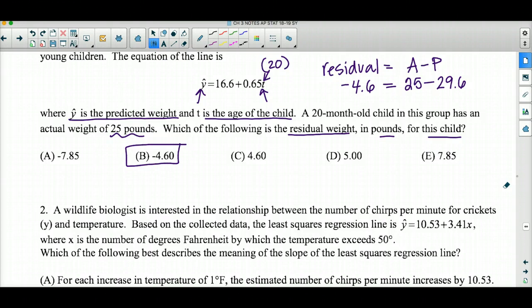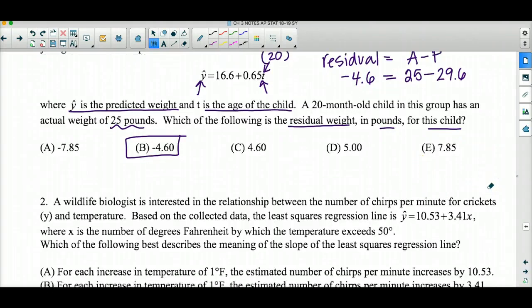All right, interpret that for me. The actual weight of a 20-month-old child is 4.6 pounds less than the predicted weight. So the actual is 4.6 less than predicted.